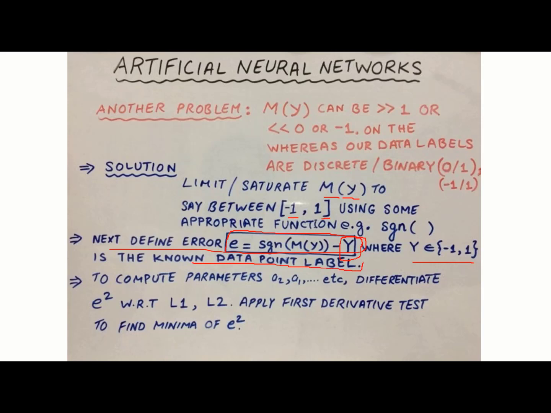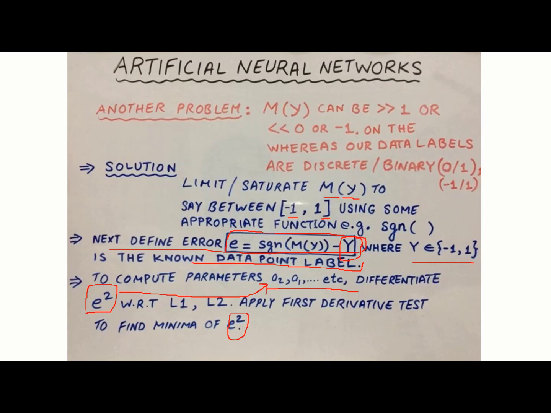So now using this error, we wish to compute the values of the coefficients. And the way we are going to do this is that we are going to take the square of the error and wish to find the minimum value of E square. And we shall see very soon that this E square actually depends on these coefficients.